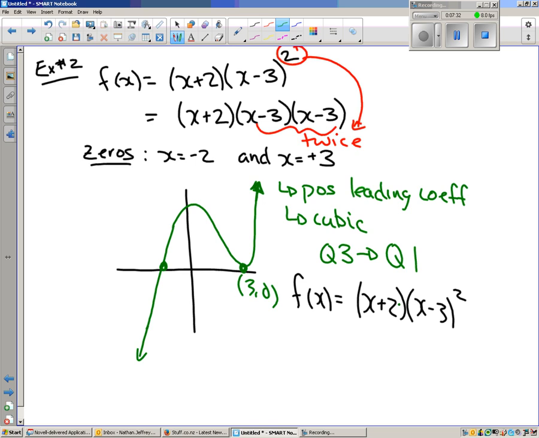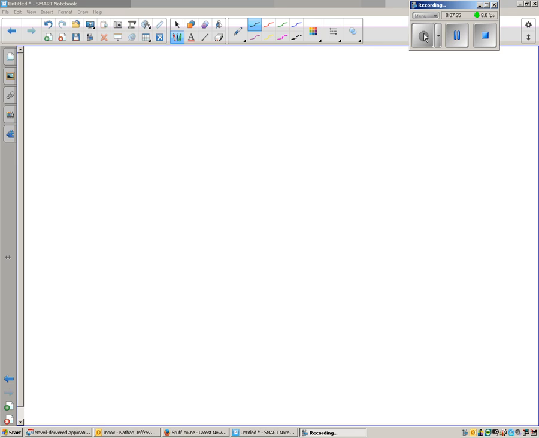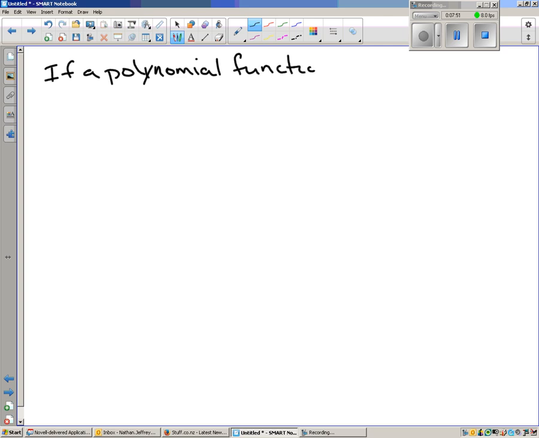gone forever. So what this will come to is in your textbook, you will see something that looks like this. It'll say, if a polynomial function has a factor x minus a. So in the example we just did, we had a factor of x minus 3 that is repeated n times.